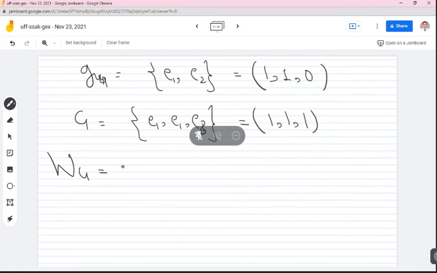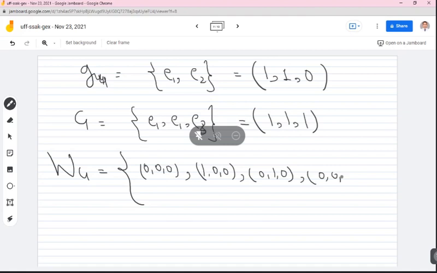WG can be written as 0, 0, 0, 1, 0, 0, 0, 1, 0, 0, 0, 1, 1, 1, 0, 0, 1, 1, and 1, 0, 1, and finally 1, 1, 1.